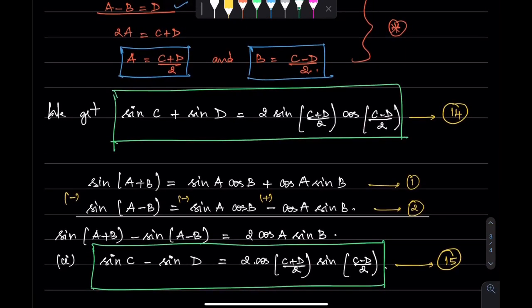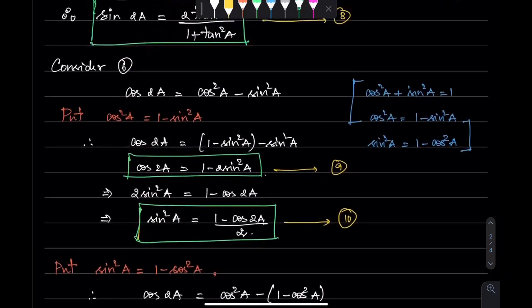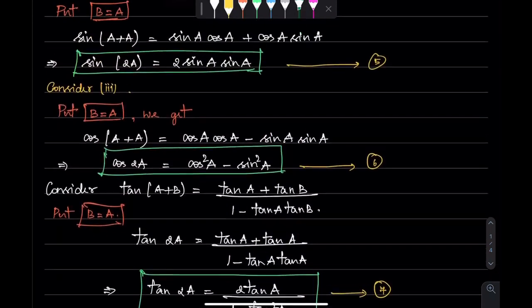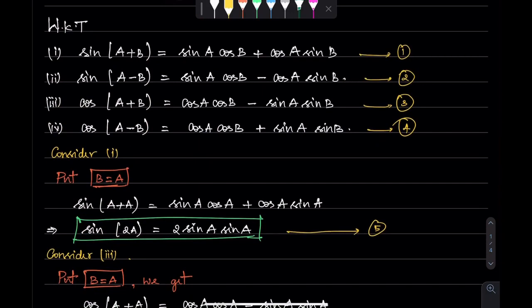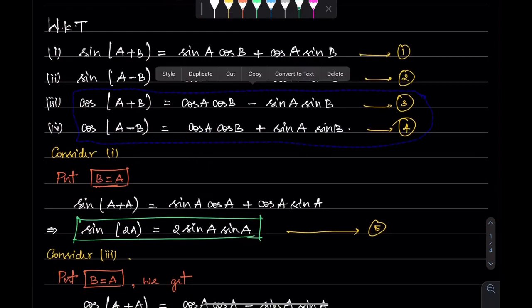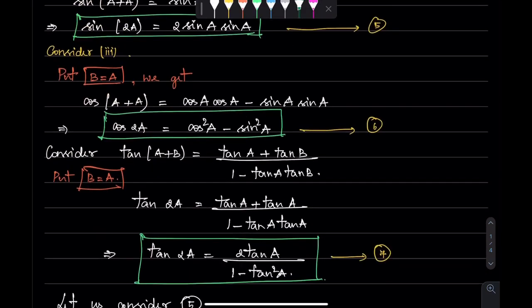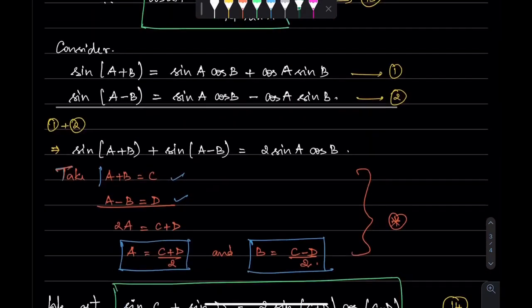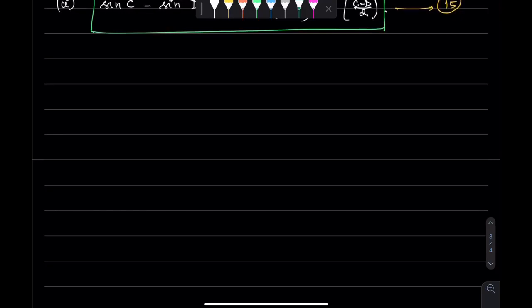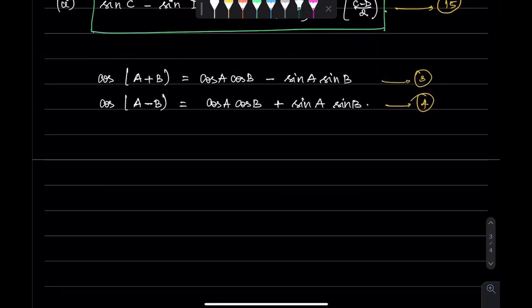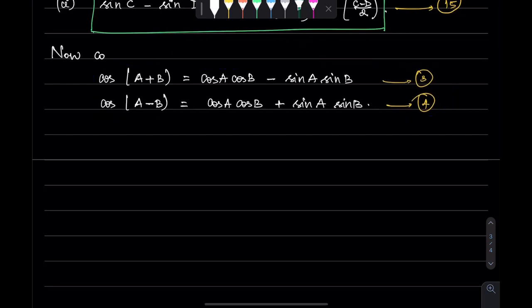So we got sine C minus sine D and sine C plus sine D. And similarly, you can do it for cos. You can try it with the cos, and you can try it with tan. You can do it accordingly, and you can derive the results. Let's do that quickly. So if I consider this, I'm going to add.